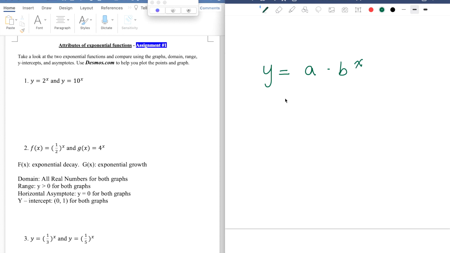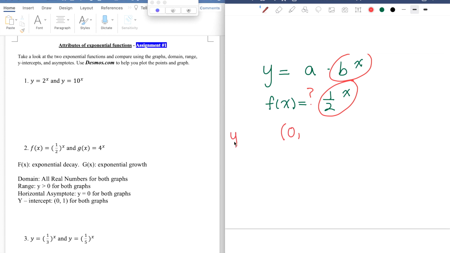Now let's look at f of x. F of x was just 1/2 to the power of x. Compare the two. What do you think the 1/2 represents? Well, it represents b because it's attached to that exponent. So where's a? Remember, if you don't have a, you're going to use an invisible 1.